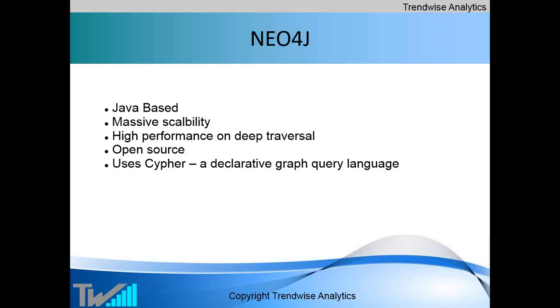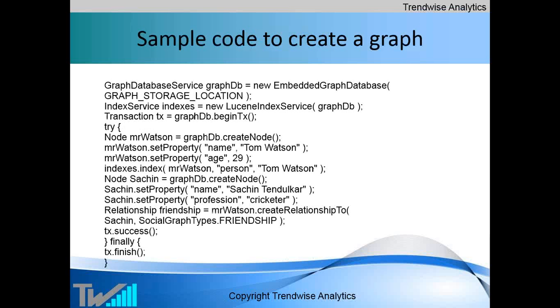And like all other NoSQL databases, this is open source, and the language used for manipulating or managing data in Neo4j is called Cypher. It's a declarative graph query language, and we'll see some sample code and commands here as well.